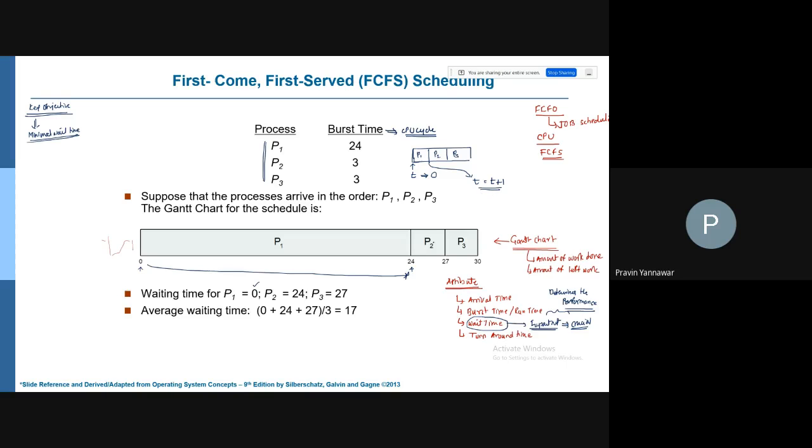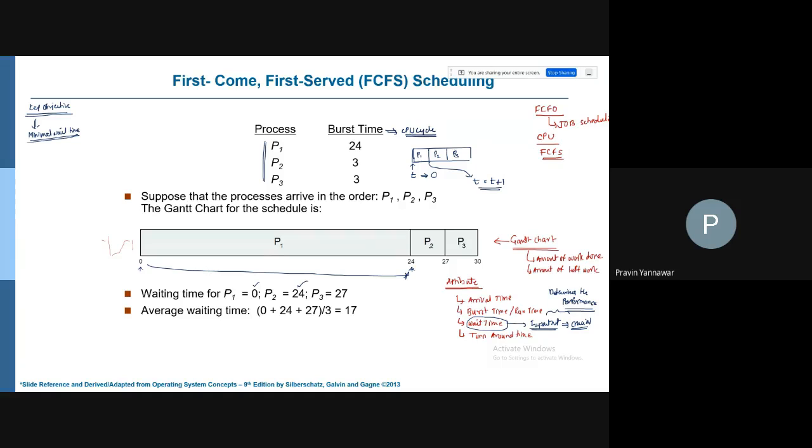So the waiting time for P2 is the finish time of P1 minus the arrival time of P2. Here we don't have arrival times, so we can directly say the waiting time for P2 will be 24, because at 24 it starts working.